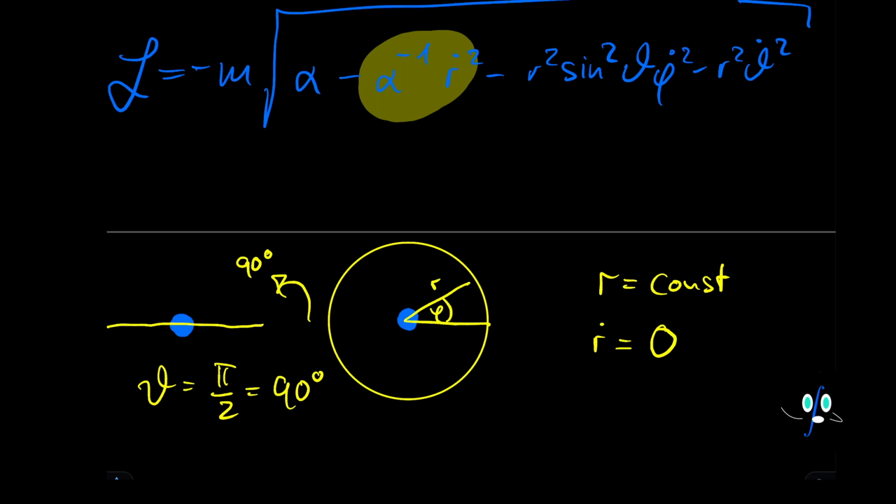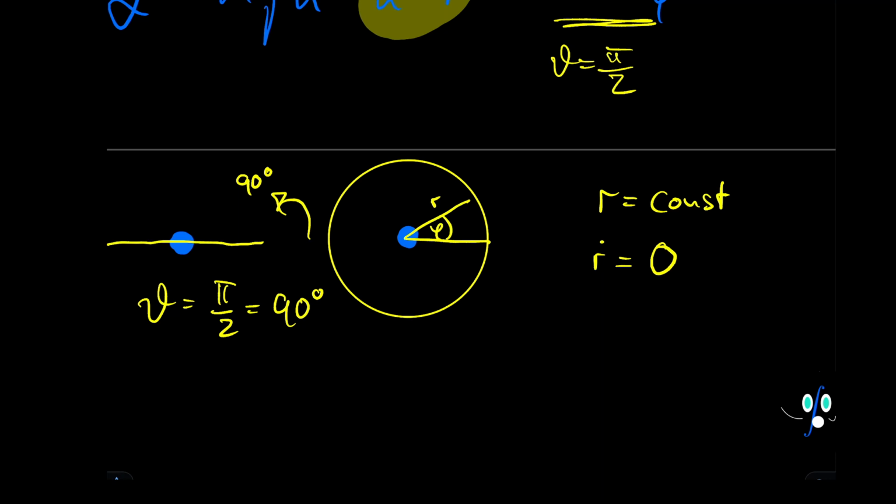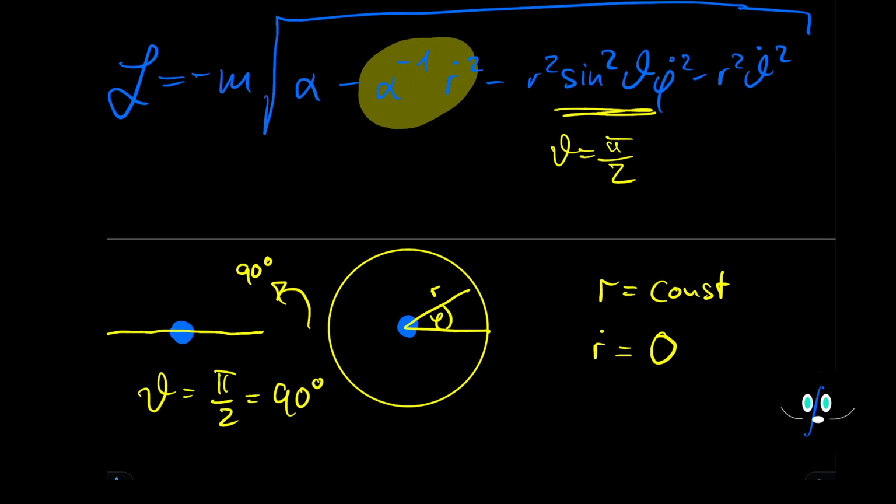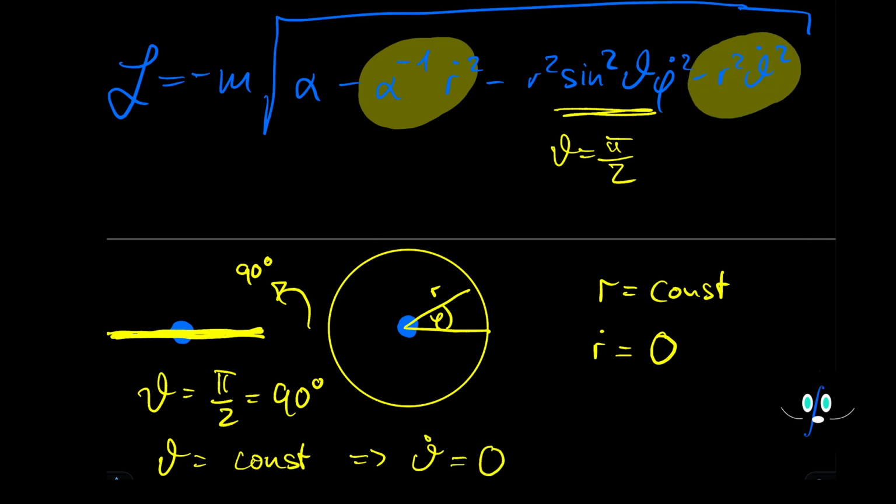It can be any angle, but if we plug in theta equals pi over 2, then sine squared of theta will just equal 1, and this will simplify our Lagrangian even more. The most important thing though is that theta is constant. As you'll see, for the whole movement of the photon around the black hole, it's always in the same theta plane. So theta is constant, which means that theta dot is 0, so we can drop that part from the Lagrangian as well.